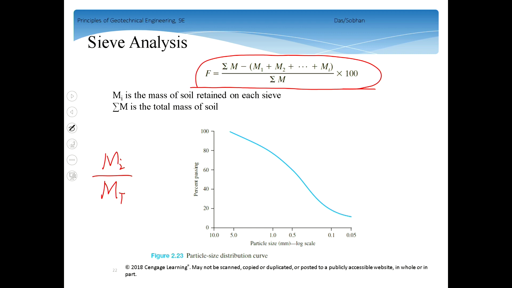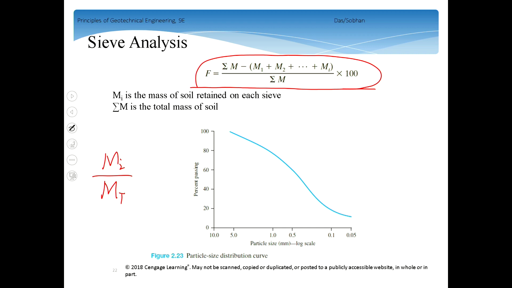We will definitely do an example in the next class, then you will know this. With this equation, as long as you know M1, M2 to Mn, and the total mass, you can calculate the percentage. And the particle size depends on the opening.